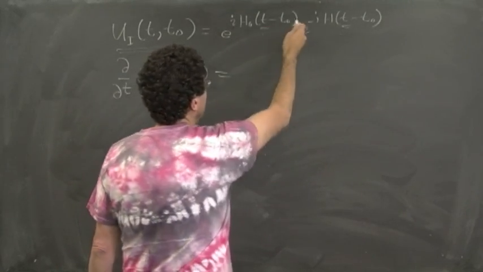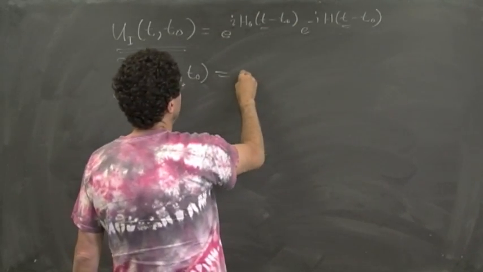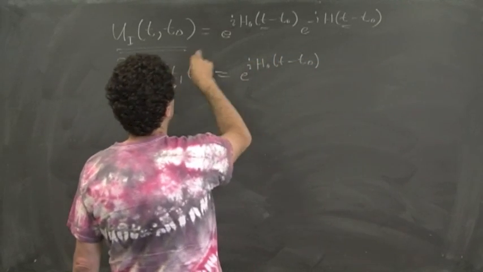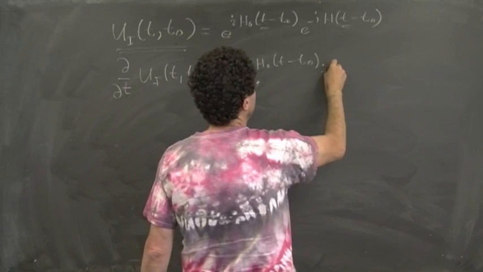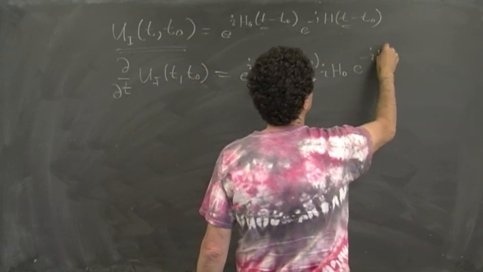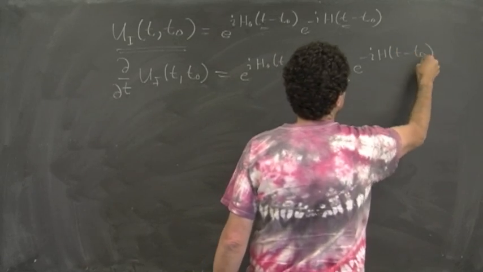I'll put it on the right side. Okay, so I have iH_0(t-t_0). When this derivative hits this t, I get a factor of iH_0 on this side, and then I still have this thing here, e^{-iH(t-t_0)}.